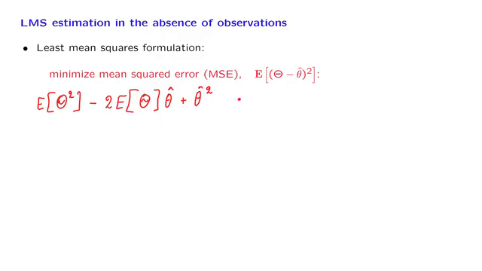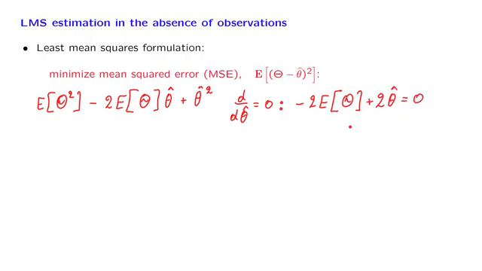How do we minimize it? We take the derivative with respect to theta hat and set it to 0. And this gives us minus 2 times the expected value of theta plus twice theta hat equals 0.